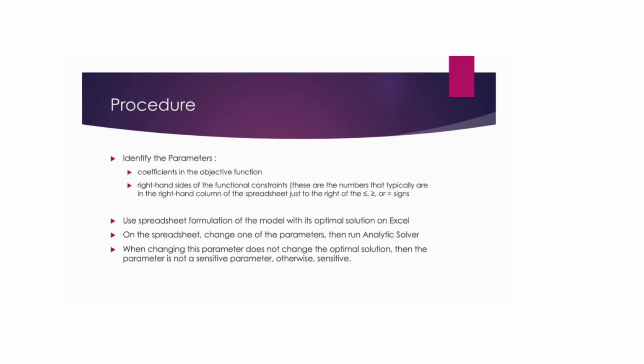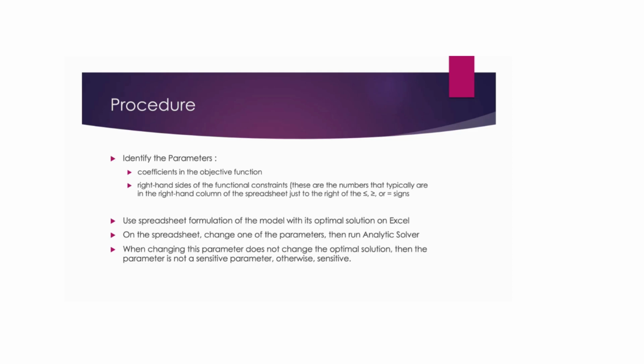The procedure in our sensitivity analysis is the following. First, you need to identify the parameters. And these parameters are found in the coefficients in the objective function. And they're also found in the right-hand sides of the functional constraints.